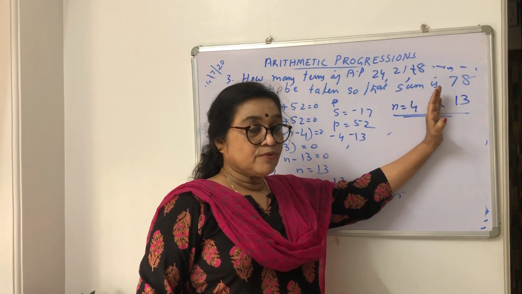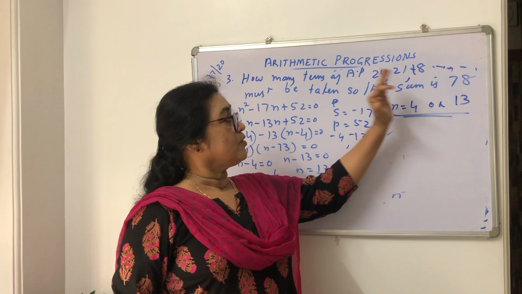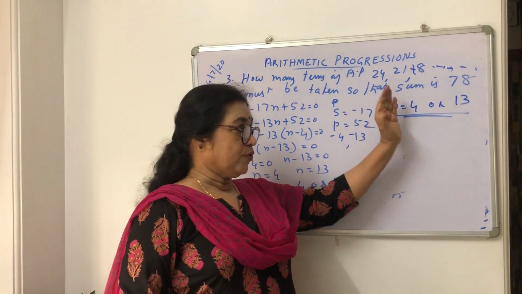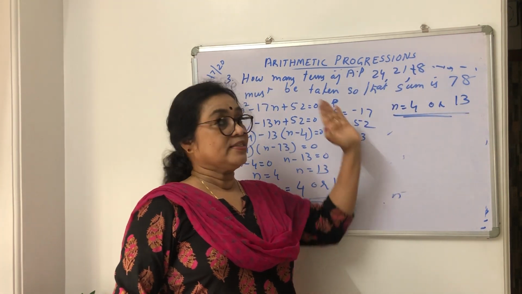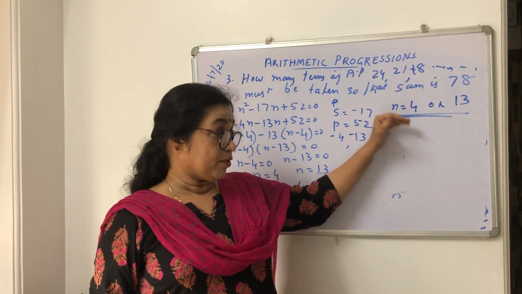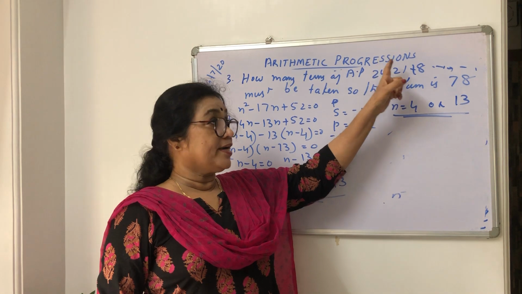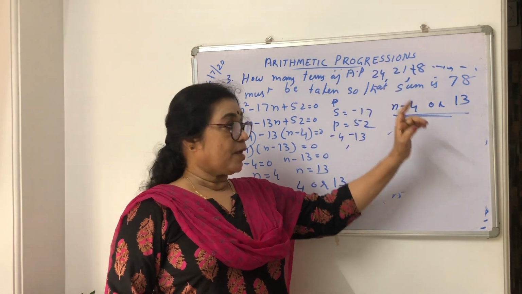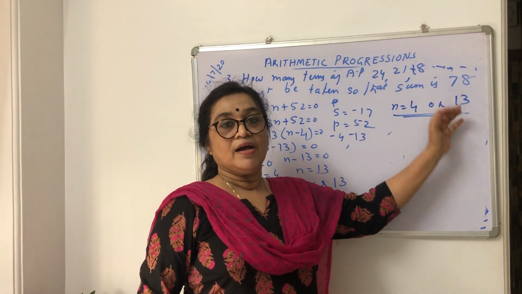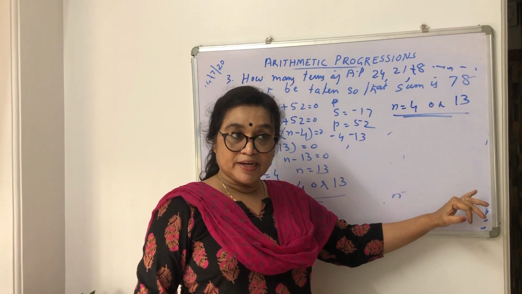Therefore, when you add 4 terms, you get 78. When you add 13 terms, you also get 78. Once again, because here A is positive and D is negative, some numbers will become positive and some negative.